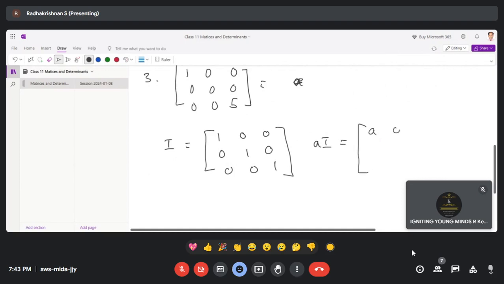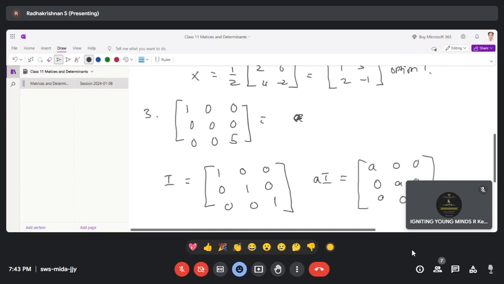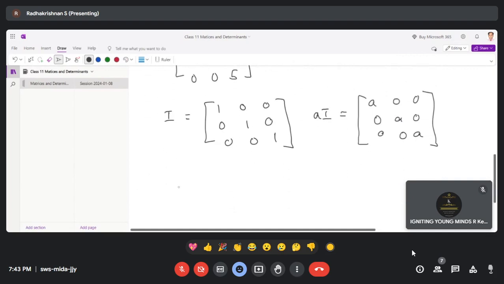That will be A, 0, 0, 0, A, 0, 0, 0, A. So the scalar matrix will have everything else 0 and the diagonal elements will all be equal. This particular matrix does not have equal diagonals, so it is not a scalar matrix. Okay? Not a scalar matrix.